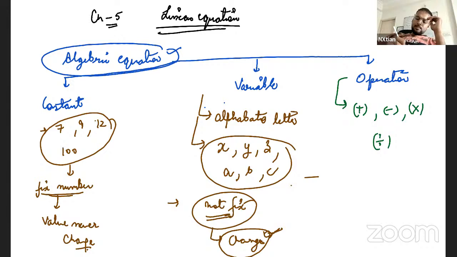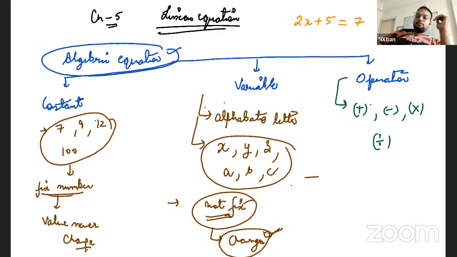For example, if I take one example, if I write 2x plus 5 is equal to 7, you can see that there are 3 things. First of all, I'm writing 2x, so 2x means 2 multiplied by x. Now, why are we not writing the multiplication sign here?